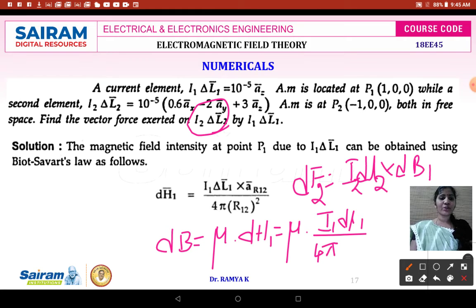Here the second point is going to be the effect and the first point is going to be the cause. So I can write the distance between the cause and effect as R12 square cross product with AR12 vector.